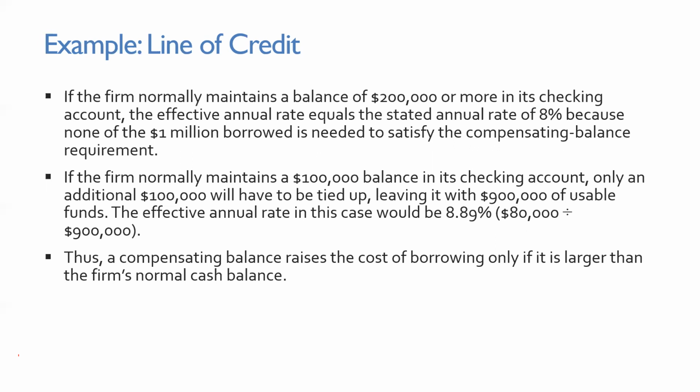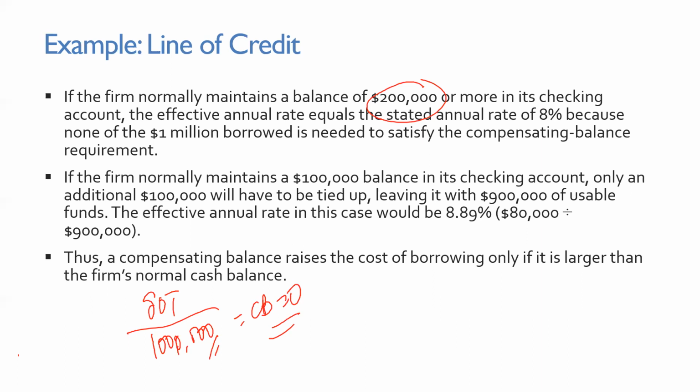Kasi normal mo cash balance of 200,000. In that case, the effective rate is equal to the stated rate of 8%. Because yung 80,000 numerator, ang denominator niya, 1 million na. Right? Kasi yung compensating balance in this case is 0. Kasi meron ka ng 200,000 na checking account in the first place.